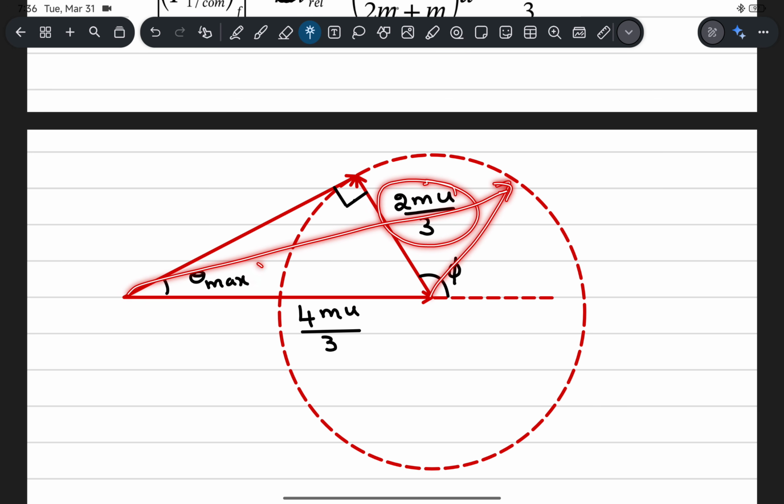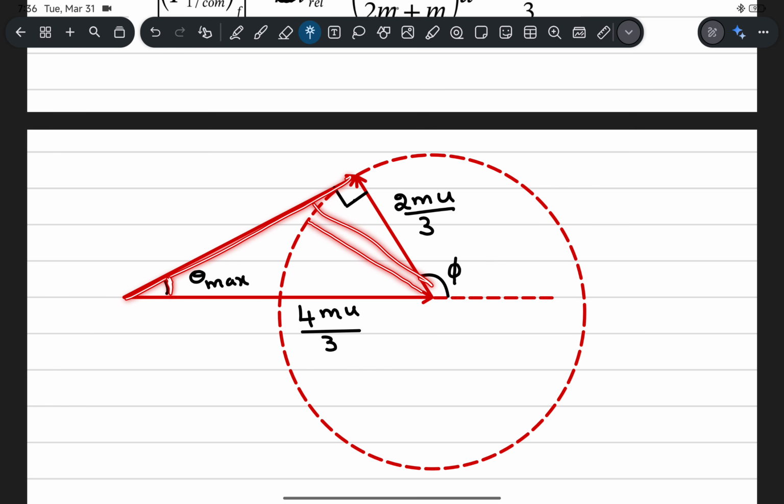If I take it here, this is theta. If I take it here, this is theta. So if you observe, when it is perfectly tangent, the angle is the maximum possible one. If you took somewhere here, now the angle is less than this theta, and if you take somewhere here, now also it is less than theta. So the maximum possible angle is this.